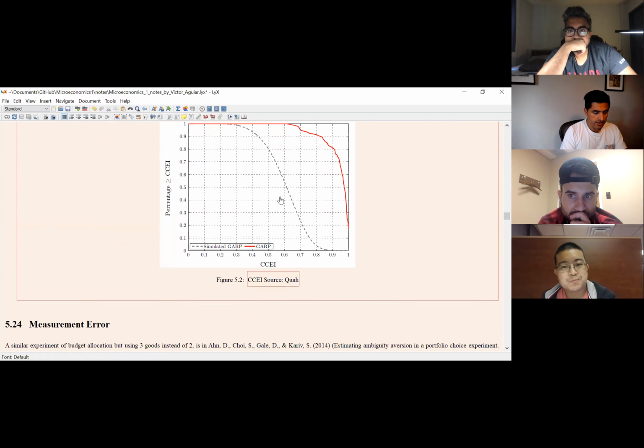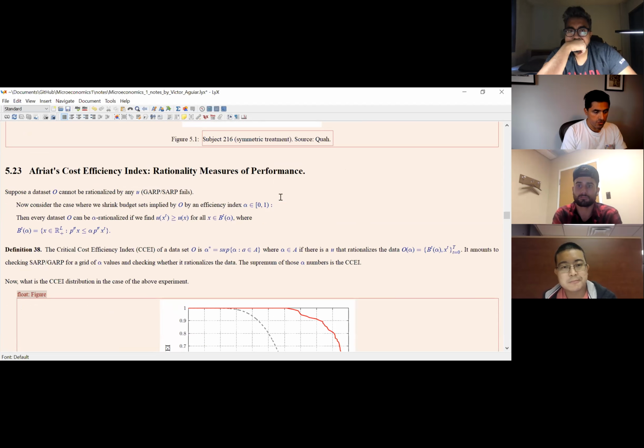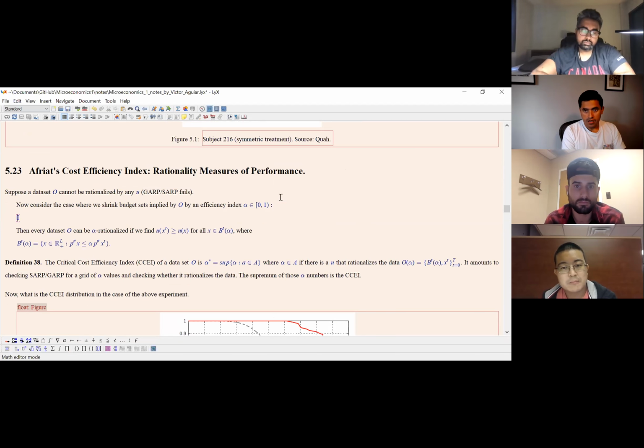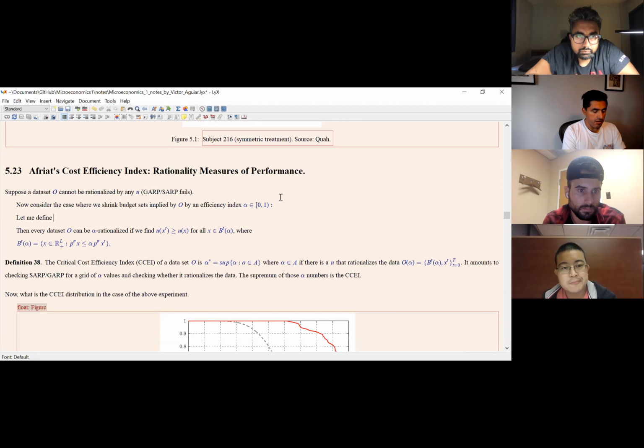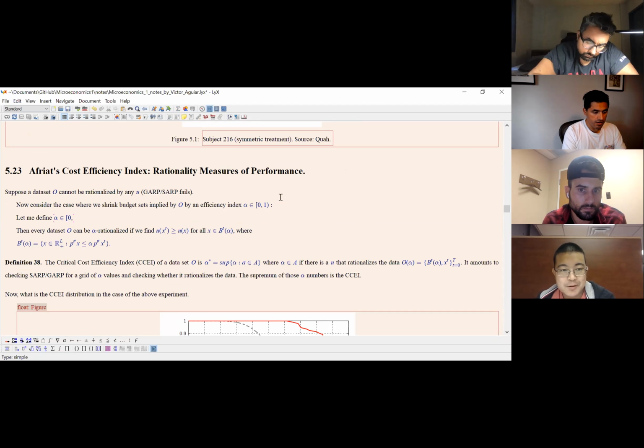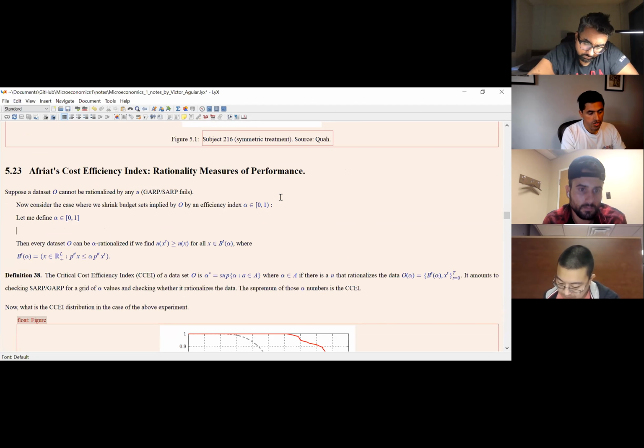Let me do this here. So I'm going to use this alpha in the following way. Let me define a number alpha between 0 and 1. And right now I'm going to let 1 be included. Later I'm going to change it.